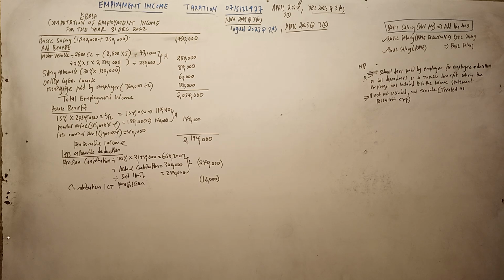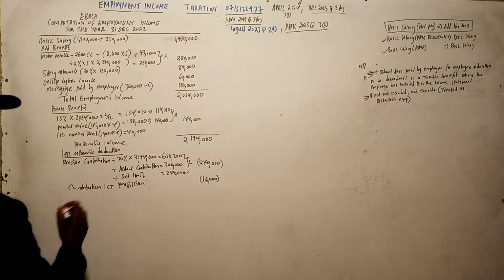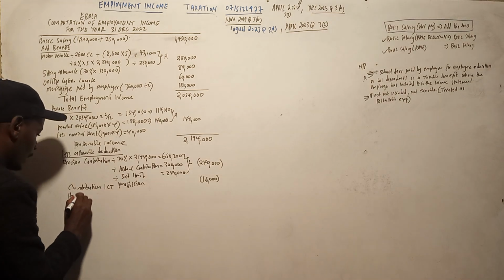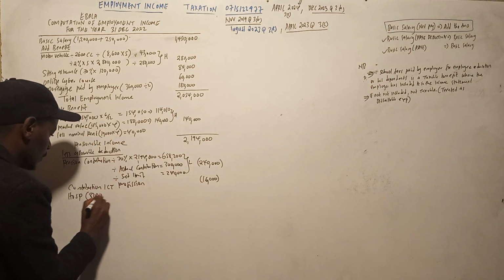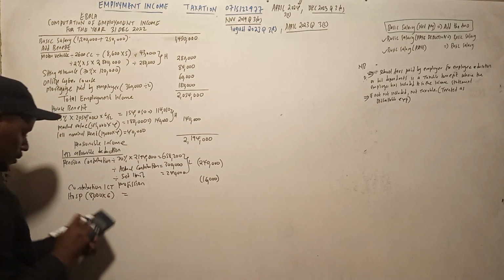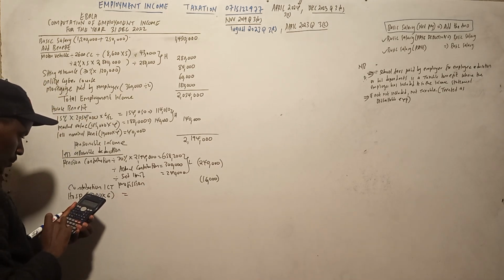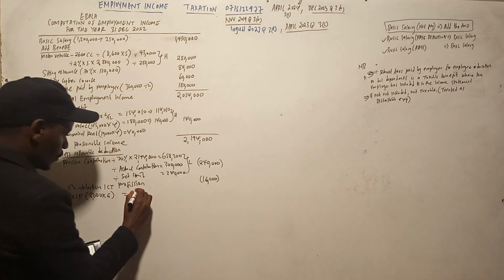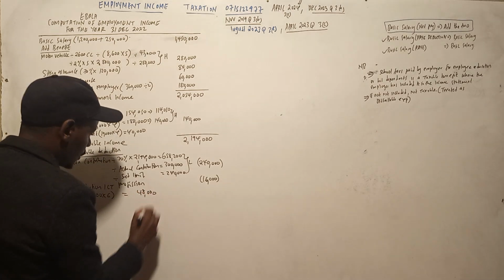So he moved to his residential house which he purchased using a home ownership scheme where he contributed 8,000 per month up to January 2022. So you know how many months? January, February, March, April, May, June. That is 6 months. So HOSP 80,000 times 6, which is 48,000.